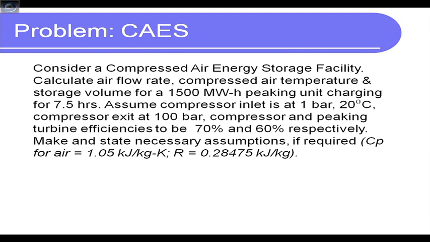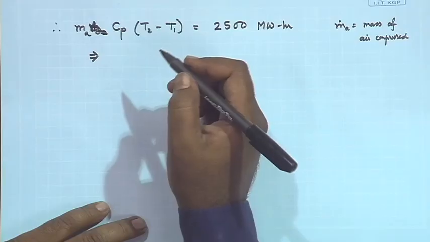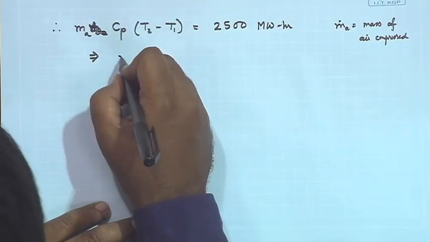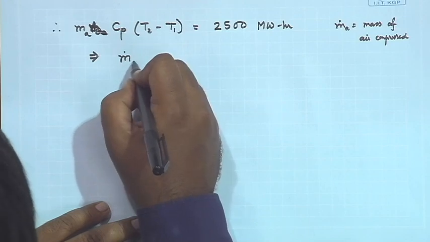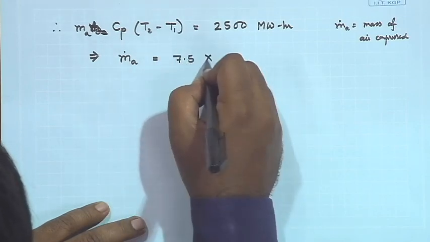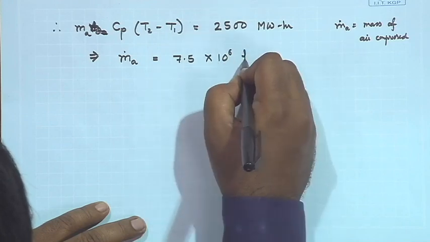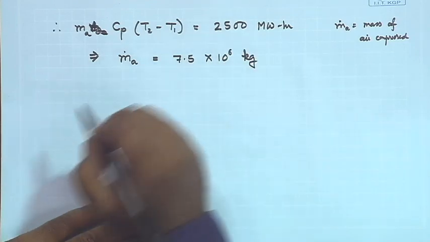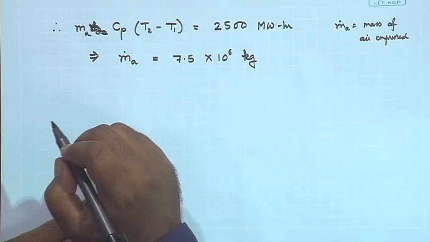So, therefore, and T2 and T1 we already know, we have calculated T2 and T1 was given to be 20 degrees or 293 Kelvin. Therefore, this will give me Ma is equal to 7.5 times 10 to the power 6 kg.